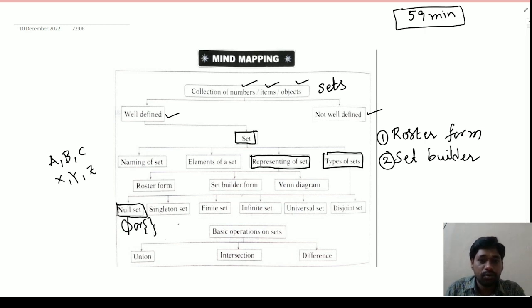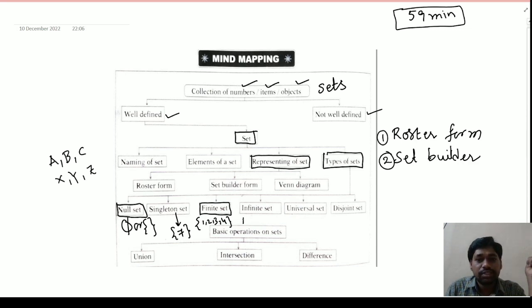If a set has only one term, like 7, it is called a singleton set. If a set has a finite number of items, like the numbers less than 5: 1, 2, 3 and 4, it is a finite set.